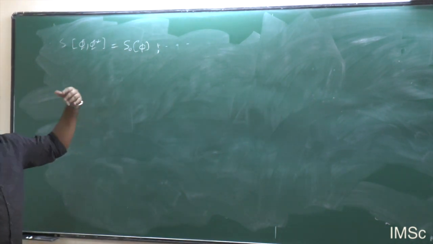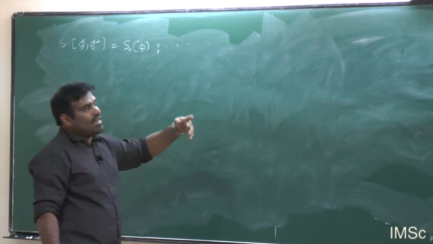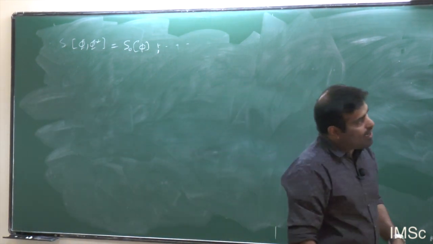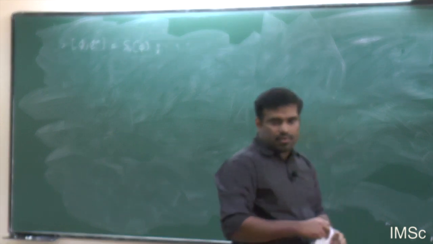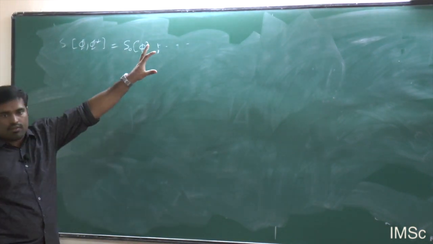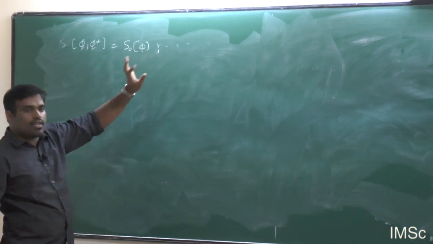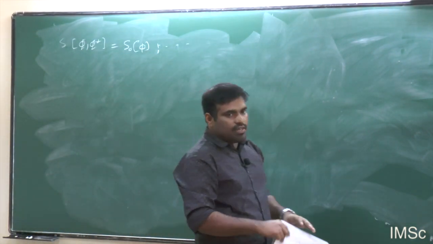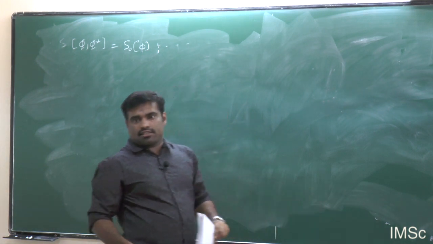And you are able to do that because all the fields and anti-fields have certain parity and certain ghost numbers, and you want the total ghost number of each term to be equal to 0. That condition will reproduce all the gauge structure functions.